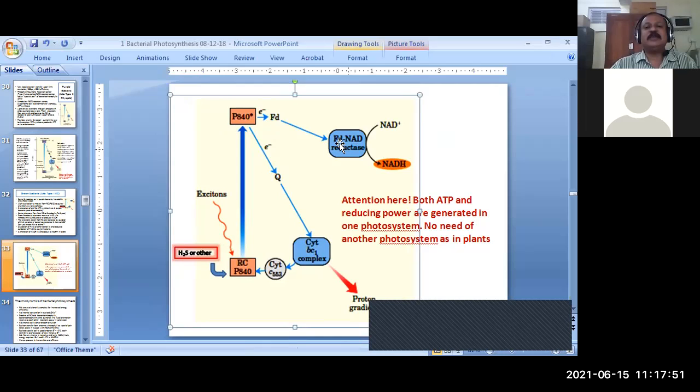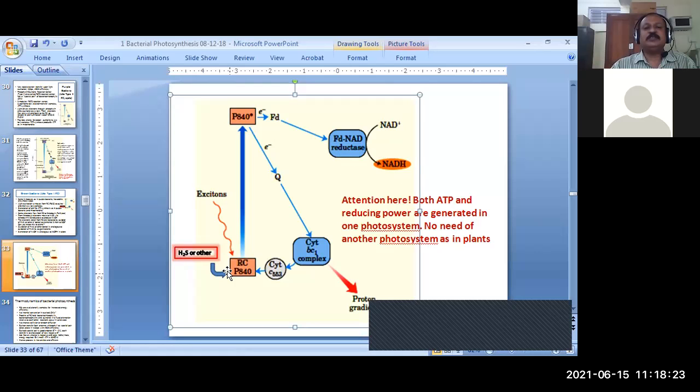This enzyme is capable of taking the electron from ferredoxin and giving it to NAD. That is to say, it causes reduction of NAD, and NAD is then converted to NADH. So this NADH is now the reducing power, which will subsequently be utilized in the dark reaction for the synthesis of carbohydrates. Is it okay?